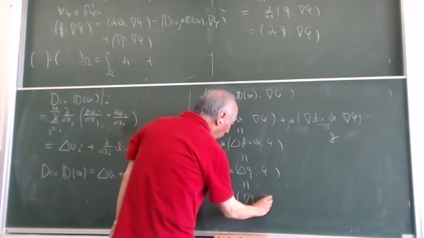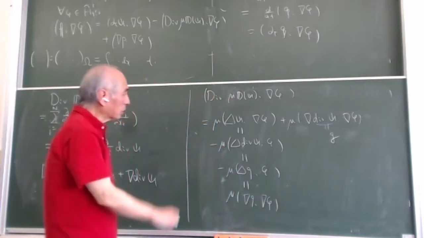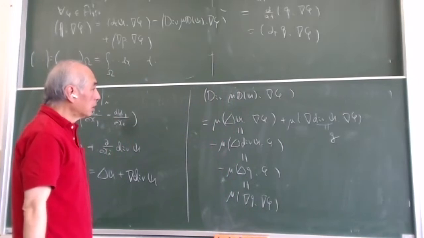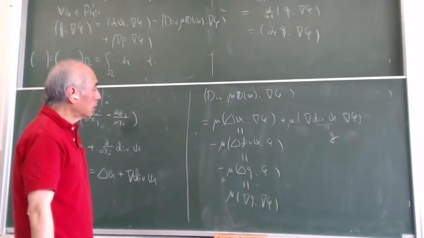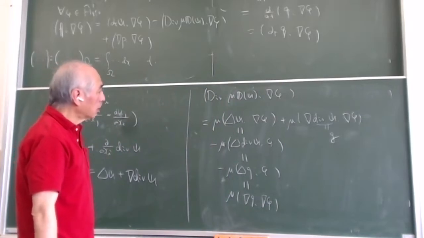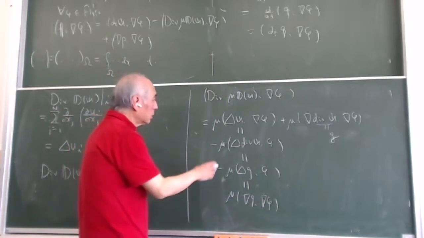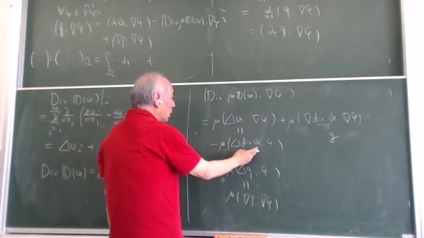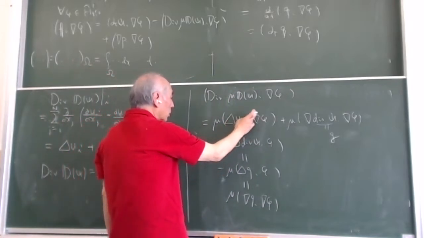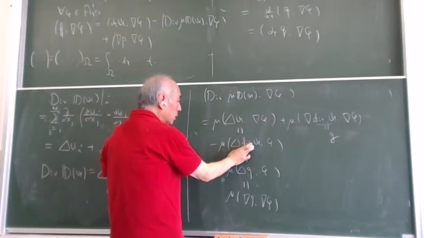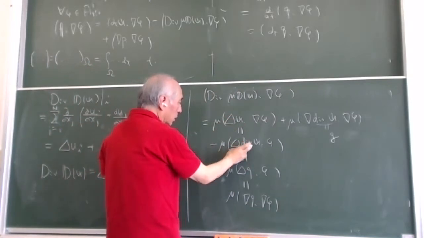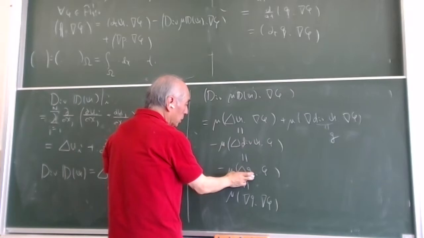This is also formal calculation, but anyway, you get this one. Okay, formal. But this number going to here, then the divergence. And then divergence u equals small g.